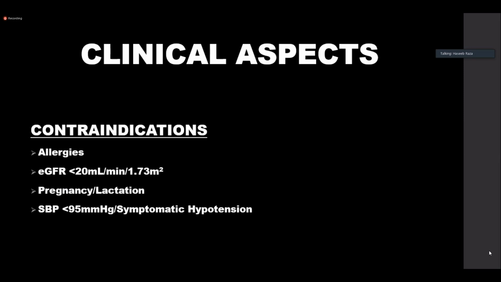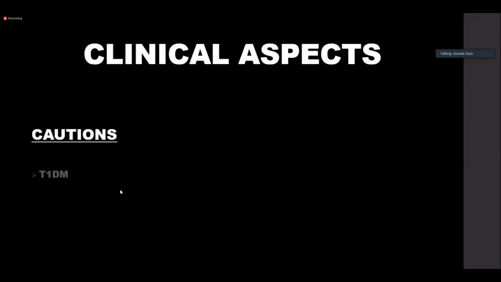Try to avoid if the patient's BP is less than 95 systolic, or whatever the BP is, if the patient is symptomatic due to hypotension. You have to avoid it because we know there is natriuresis and glucosuria. This will lead to decreased plasma volume and you may exacerbate the hypotension if you are giving SGLT2 inhibitors in patients with those profiles.